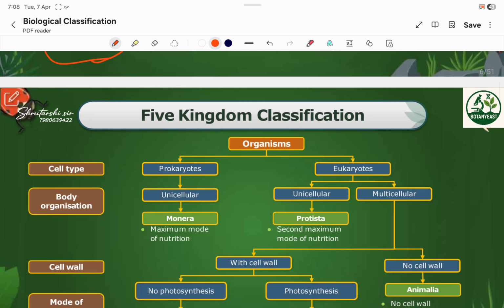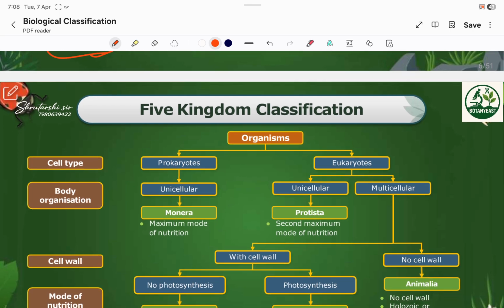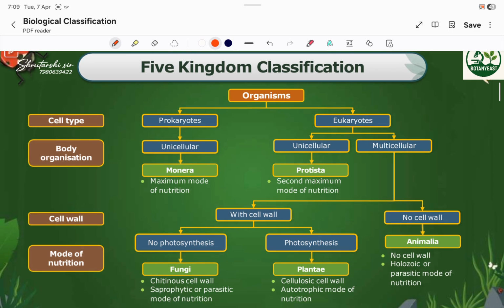Now see the five kingdom classification. Okay. So organisms were divided based on their cell type. Cell type means either they are prokaryotes, that is, nucleus absent, or they are eukaryotes, that is, nucleus is present. Okay.